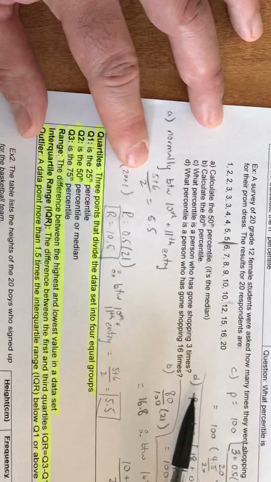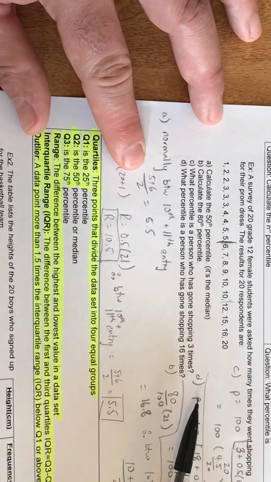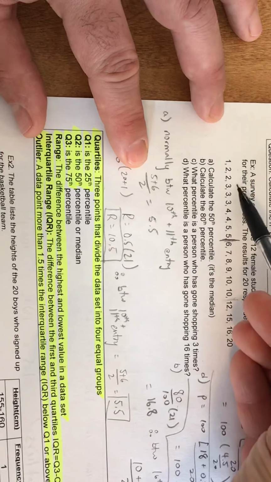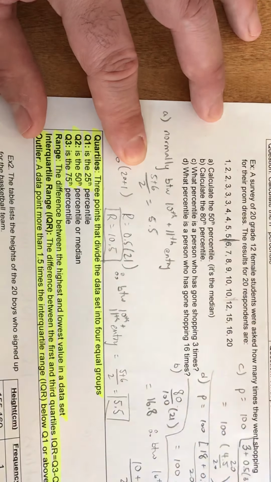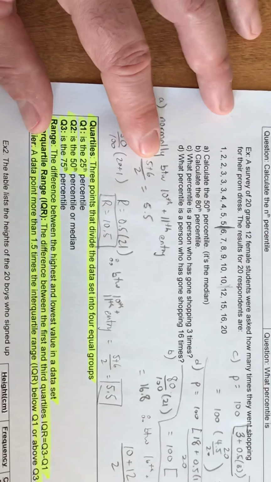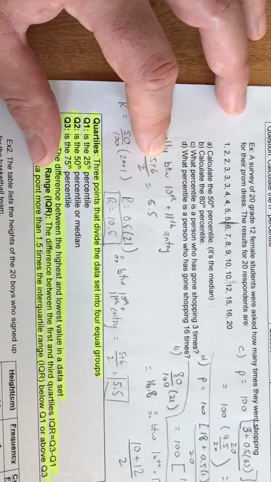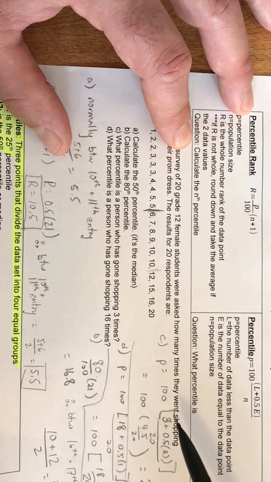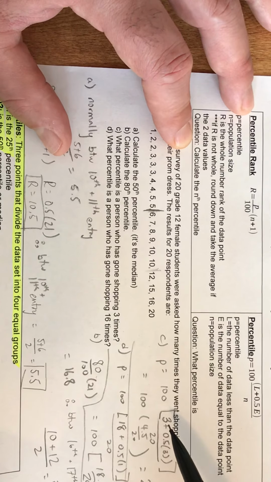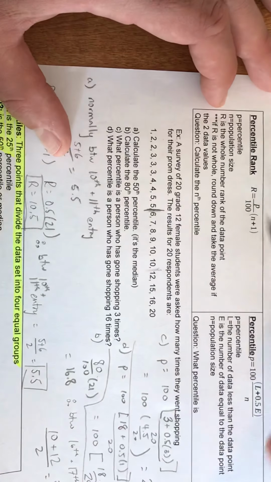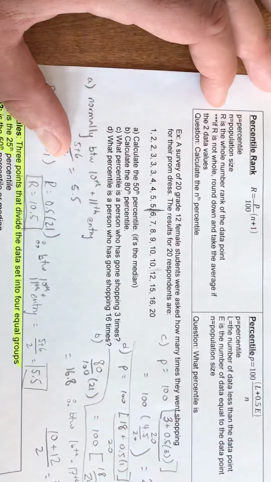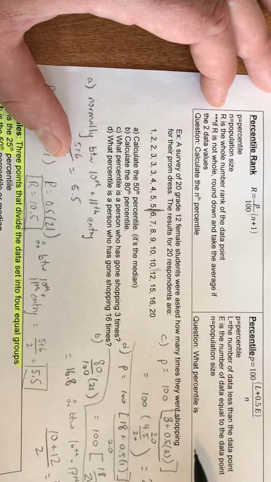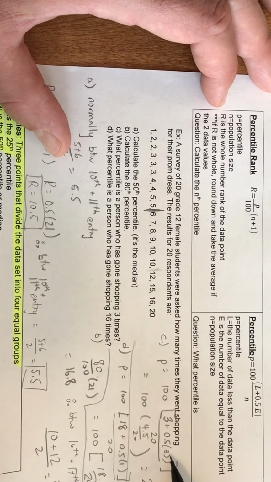Then it asks what percentile is a person that's gone shopping 3 times. We notice that there are 3 people that went shopping 3 times. So here's how we get the percentile rank of somebody that went 3 times. To get the percentile, you take 100 times L, the number of data points less than the one you're looking at. That's 2, 2, and 1, so there are 3 of them. Then you add 0.5 times E, the number that are equal.